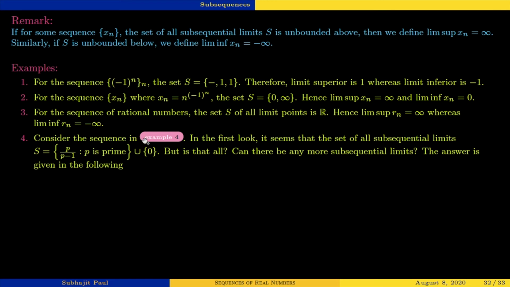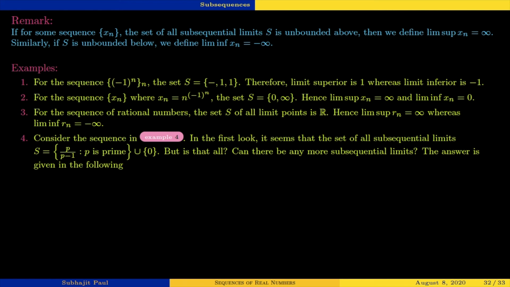Because we have seen that things can be not so straightforward. Whatever seems so far may not be the case. You have found this kind of ambiguity while finding limit points. If you remember, those examples were done in MAPA, where they found the limit points of the set 1 by n plus 1 by n.